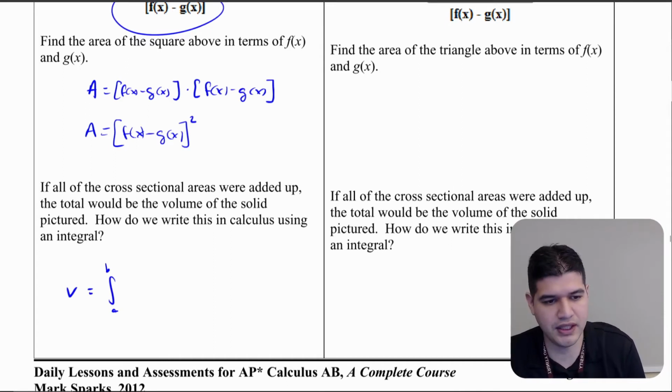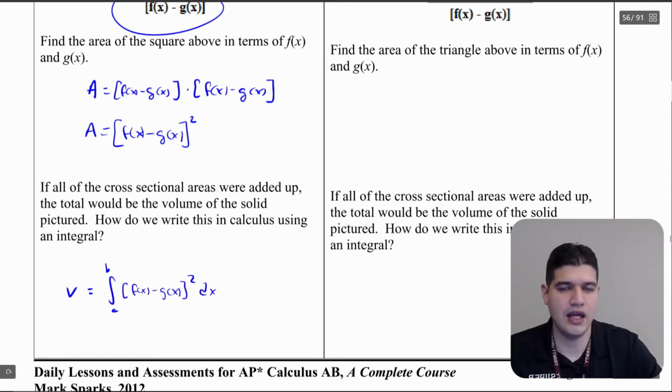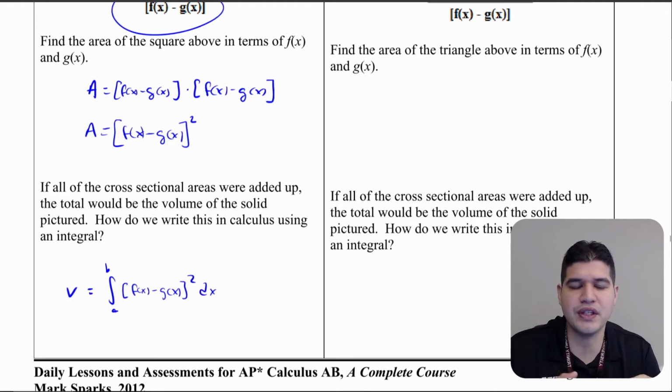The area of each shape is f of x minus g of x squared dx. That's pretty much the method we'll use no matter what the shape is. So let's begin looking at those other shapes.